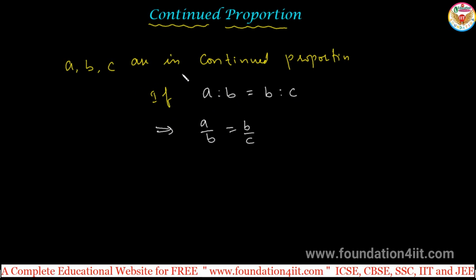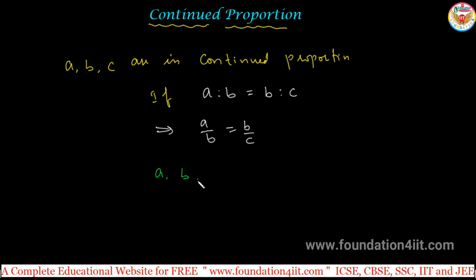If A, B, C are in continued proportion, the ratio of the first two quantities, A is to B, should equal B is to C. The second quantity is called the mean proportion between them. So in A, B, C in continued proportion, B is called the mean proportion.